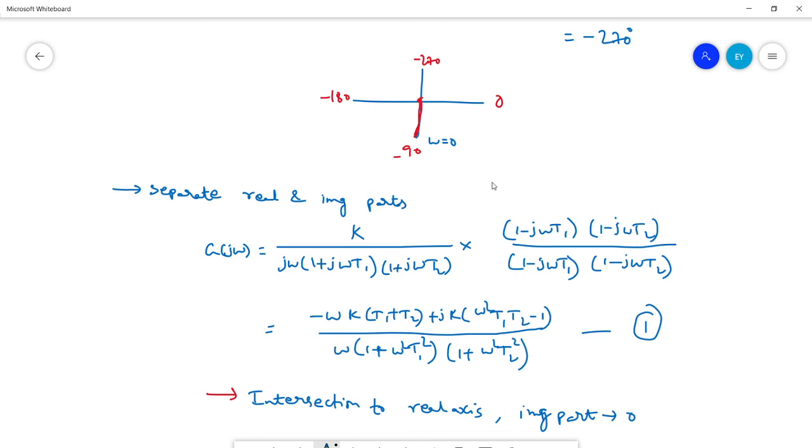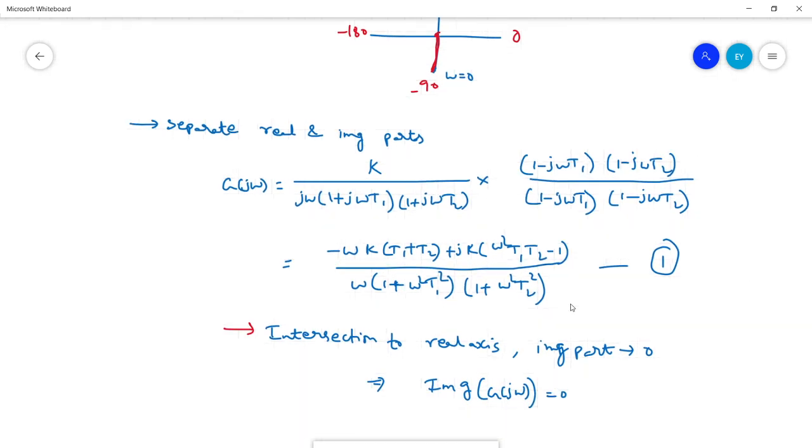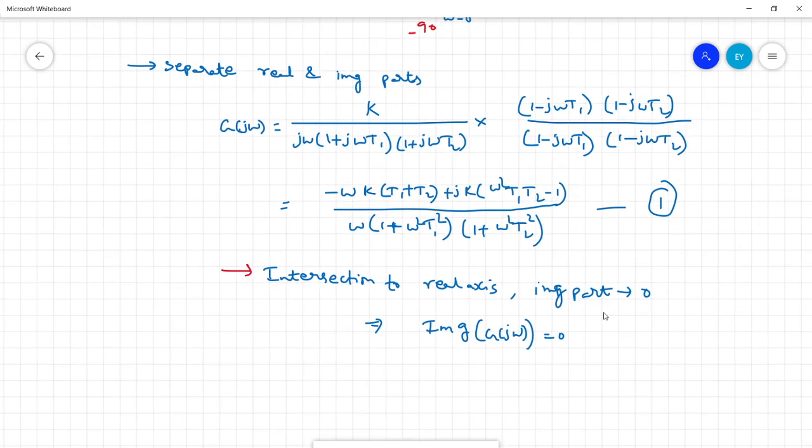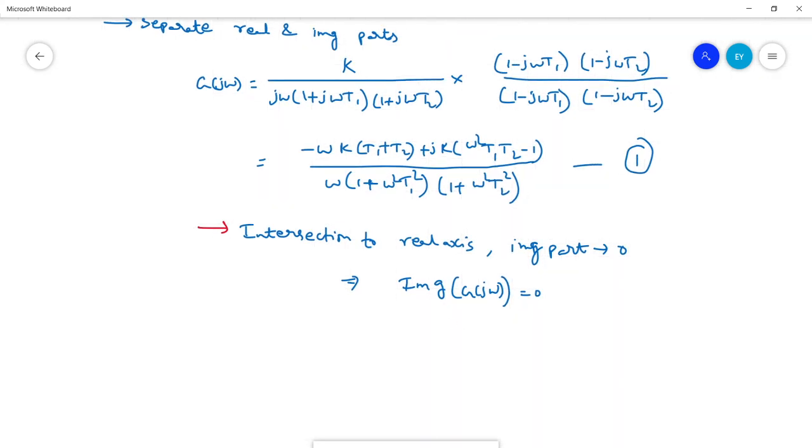As we discussed in the earlier points, to find the intersection point on the real axis, we equate the imaginary part to 0. The imaginary part, K into omega square t1 t2 minus 1, is equated to 0.